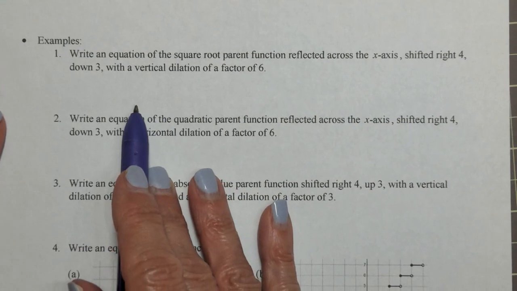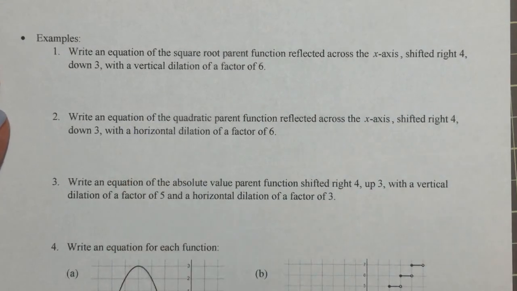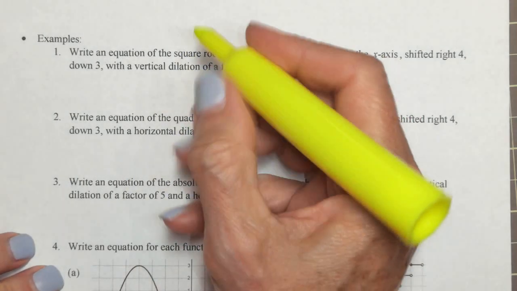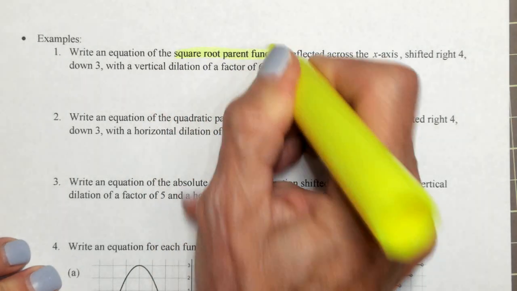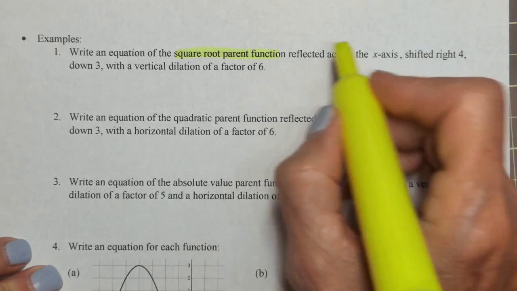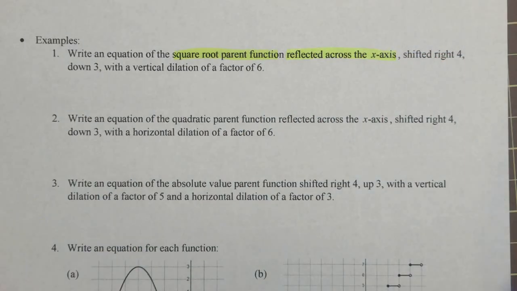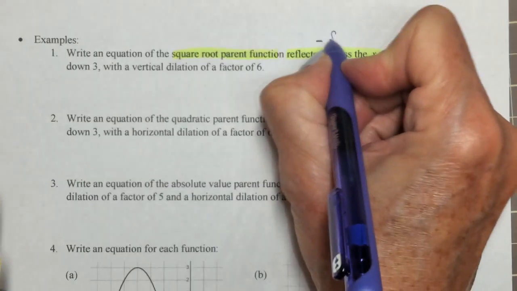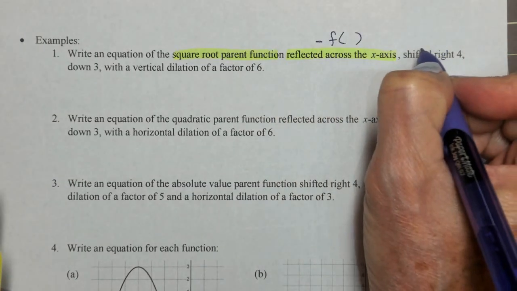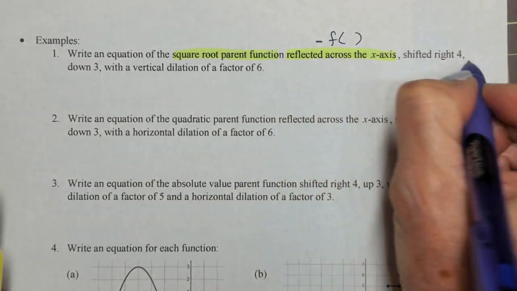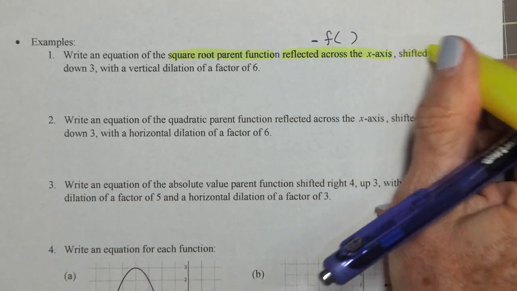All right. Let's write the equation of the square root parent function, reflected across the x-axis. So when I see that, I know I'm going to need a negative in front of my f. Shifted to the right 4.